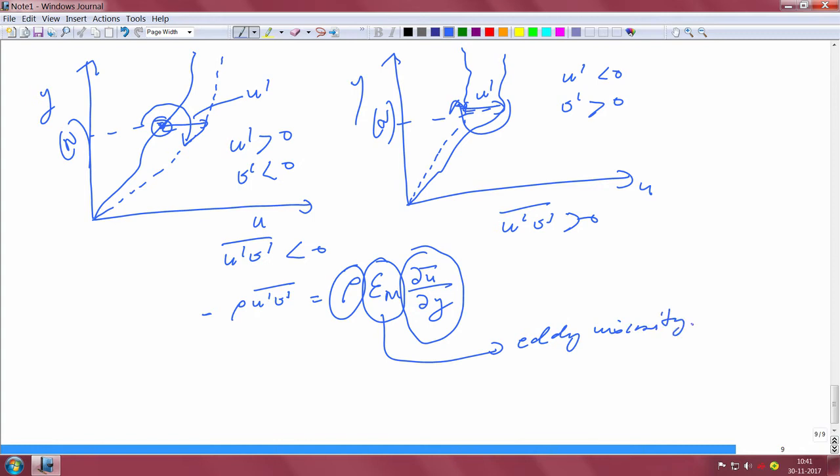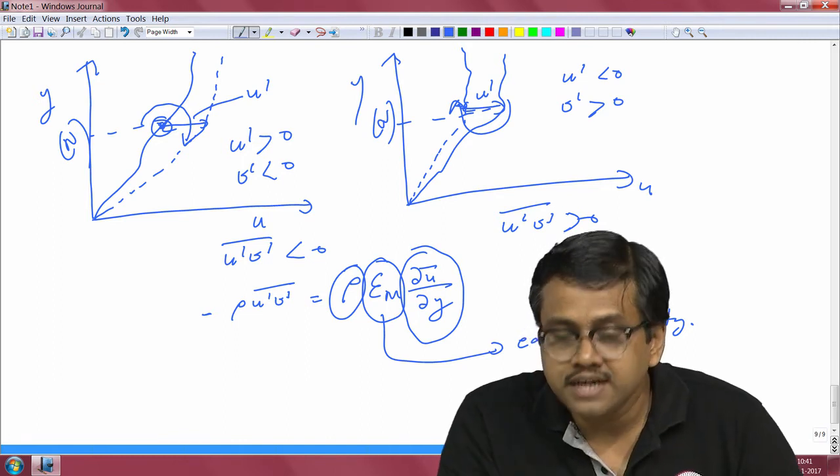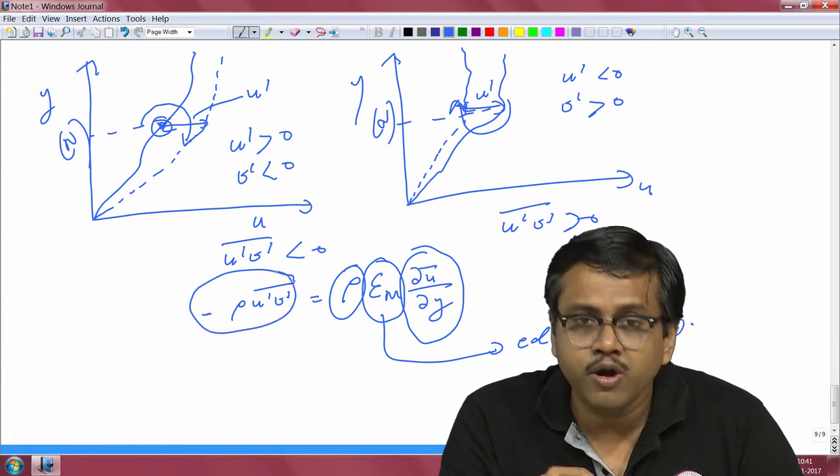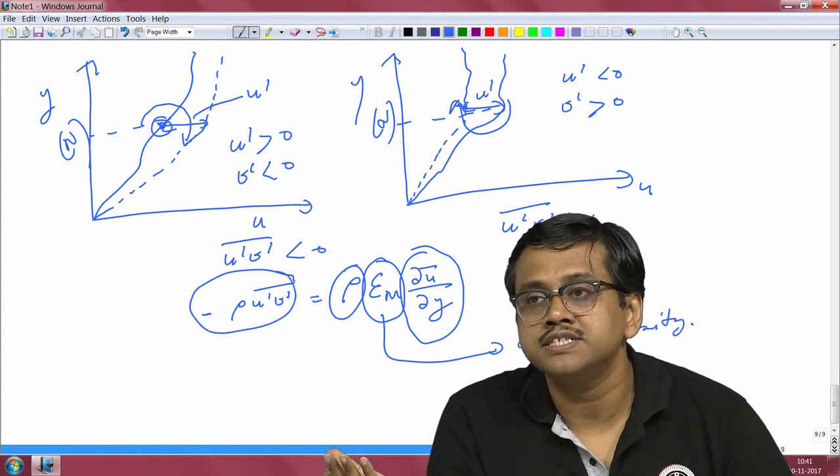So, in other words, we have this tremendous idea: why can't we, because we have already put it with the viscous terms, this ingenious idea can crop up. If we can represent these fluctuating quantities in terms of the mean velocity gradient, which is actually how the viscous stress is put, in terms of the mean velocity gradient and some ad hoc quantity epsilon m, then this particular term can be represented almost like a viscous stress term.